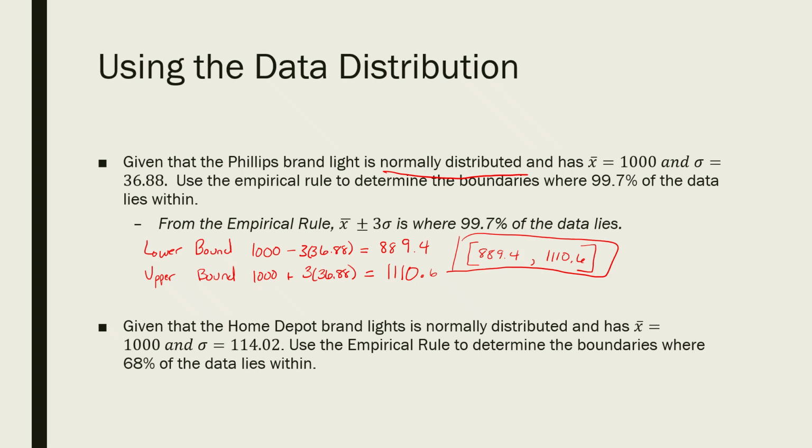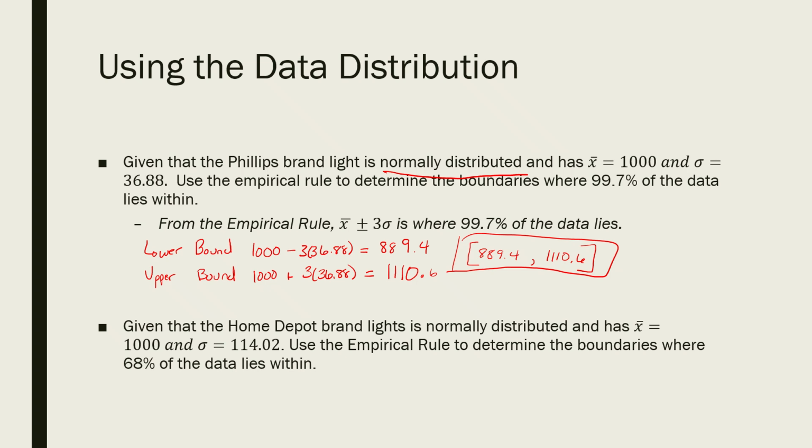Find the lower and upper bound and create my interval. And then when you come back, I will do the problem. So go ahead and pause the video now. All right, let's go ahead and do the problem now. Let's see what we have.